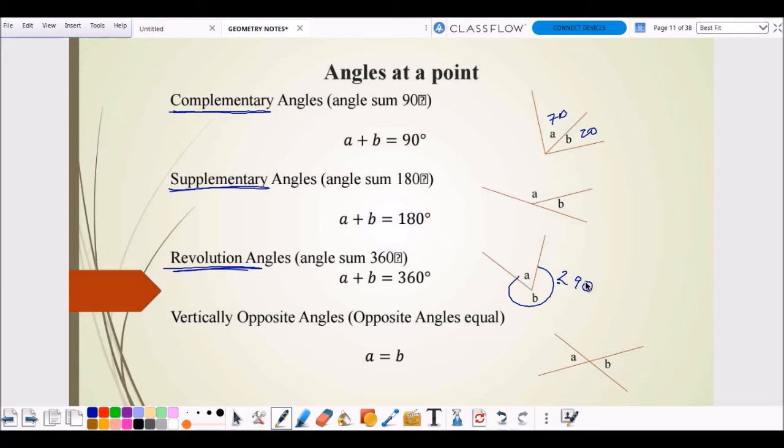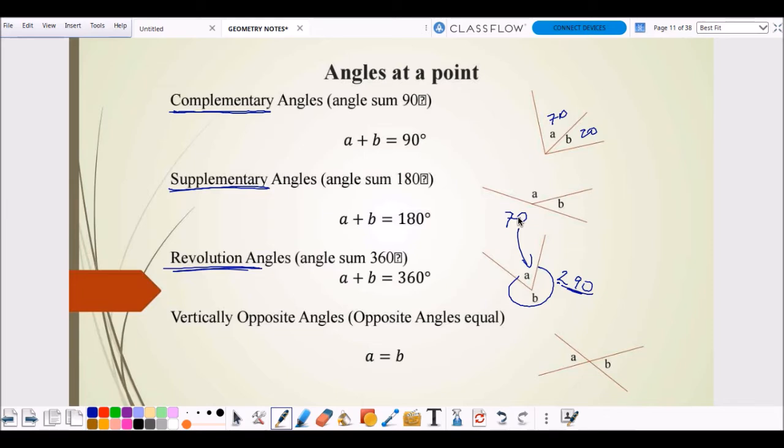Right, so that means if it's a revolution, it should equal 360. So if I asked you, Abby Schaefer, what would angle A be? If technically this should all equal 360, and that's already 290, what would this angle be? Good, 70. So if angle A is 70, the reason is it's a revolution. And that's what you would say, because this whole thing should equal 360.